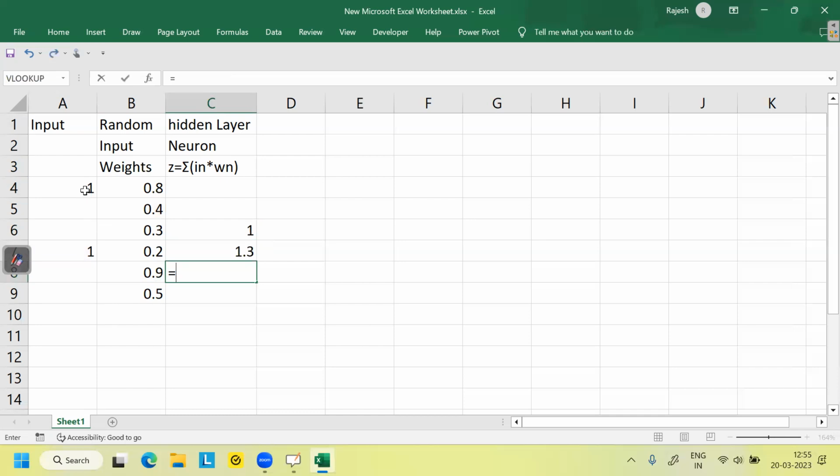Is equal to 1 into 0.3 plus 1 into 0.5. Input into weight.